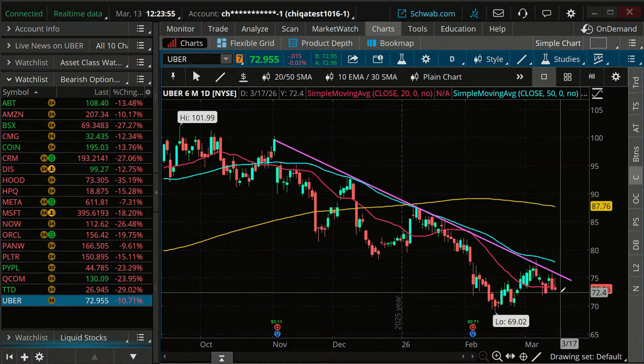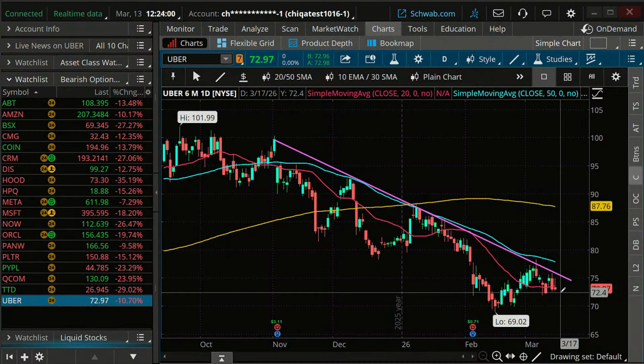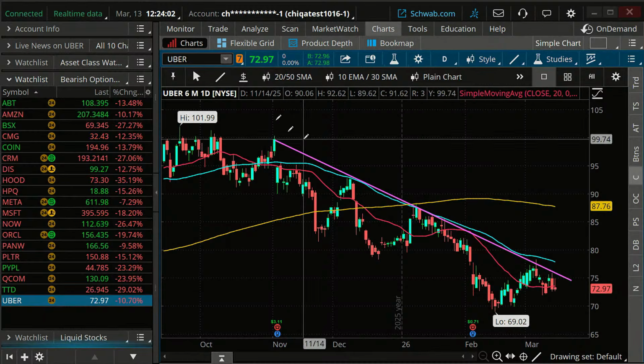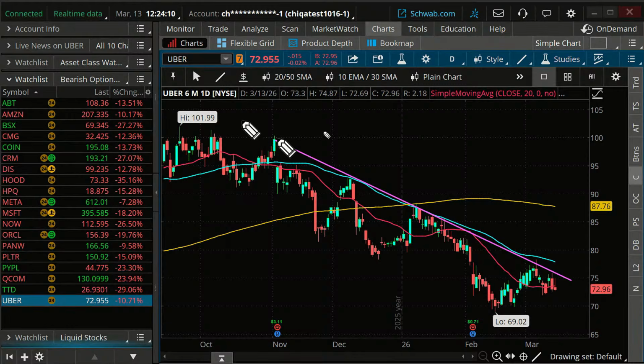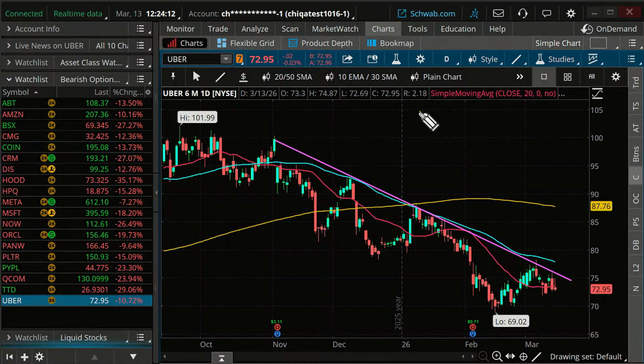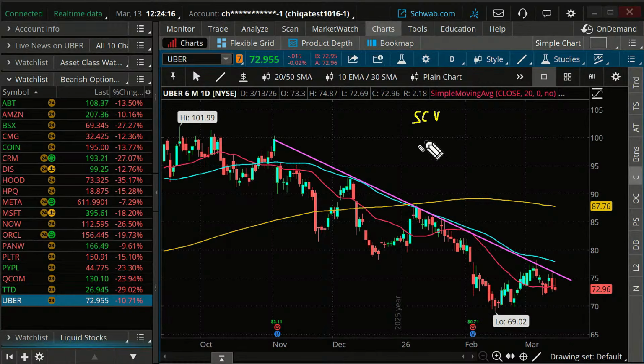But in this case, I'm going to do an iron condor, though there are different ways to shift iron condors. I showed you one a couple weeks ago. Remember, with an iron condor, you're doing a short call vertical and a short put vertical.